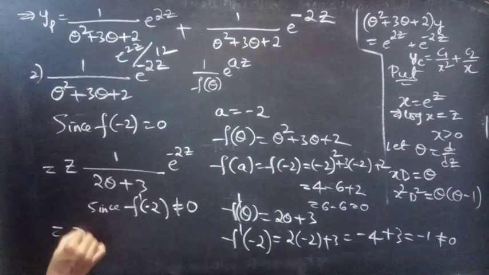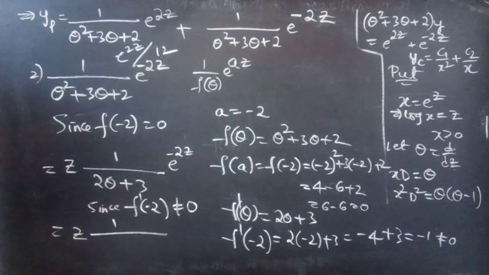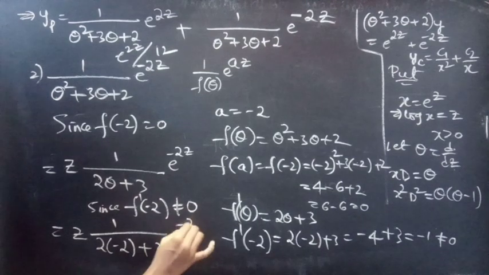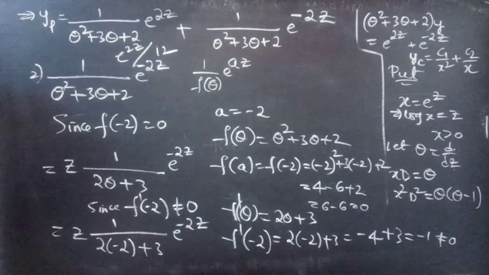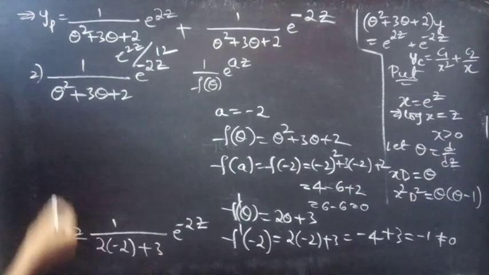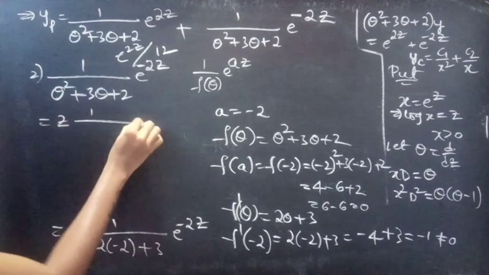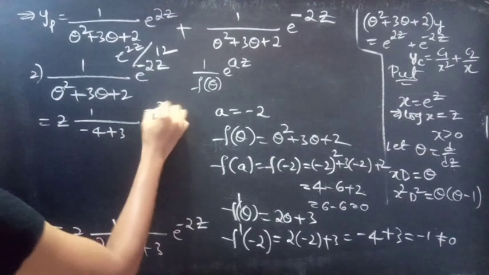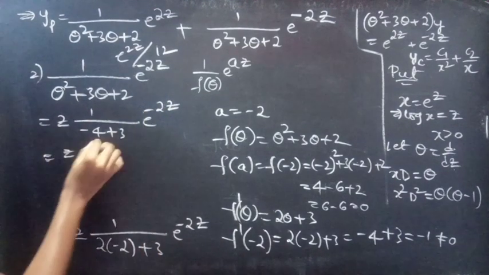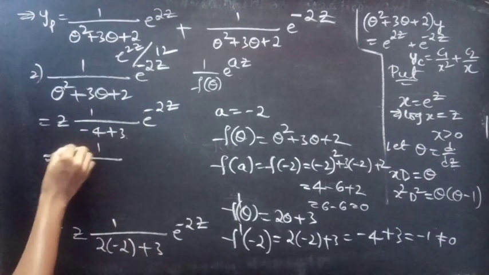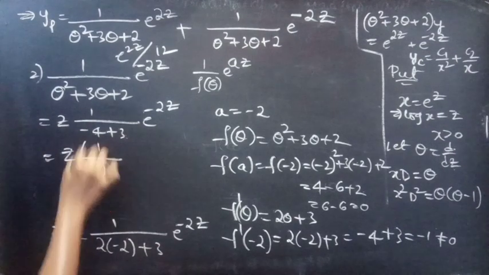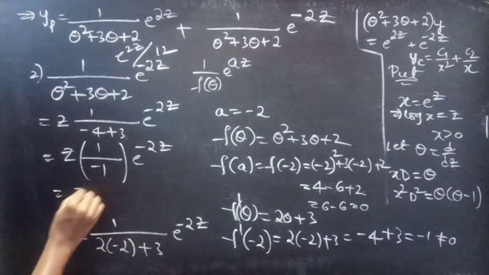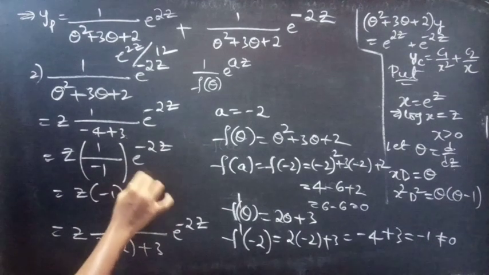Then we'll get z into 1 by 2 into minus 2 plus 3 into e power minus 2z, which is equal to z into 1 by 2 into minus 2 is minus 4 plus 3 into e power minus 2z, which is equal to z into 1 by minus 4 plus 3 is minus 1 into e power minus 2z. We can write 1 by minus 1 as minus 1, right?